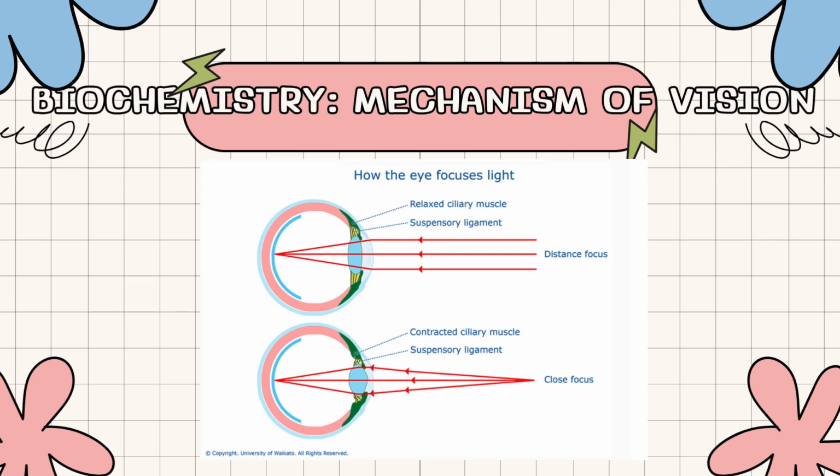As the light hits the photoreceptor in the retina, it activates the action potential. A stimulus will be sent from the photoreceptor to the bipolar cell, and from the bipolar cell to the ganglion cell in electrical impulses via the optic nerve to the visual cortex of the brain to be interpreted.